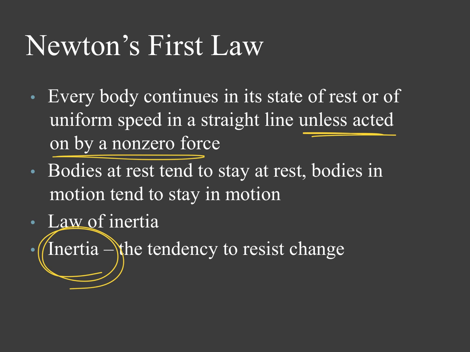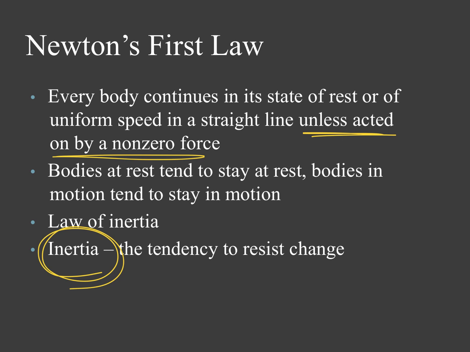Acceleration? Kind of, we're almost in that realm. Which tend to have more inertia, bigger objects or smaller objects? Bigger objects. That's what I'm trying to get to. The relationship between inertia and mass is really direct. Mass is essentially a measure of an object's inertia.